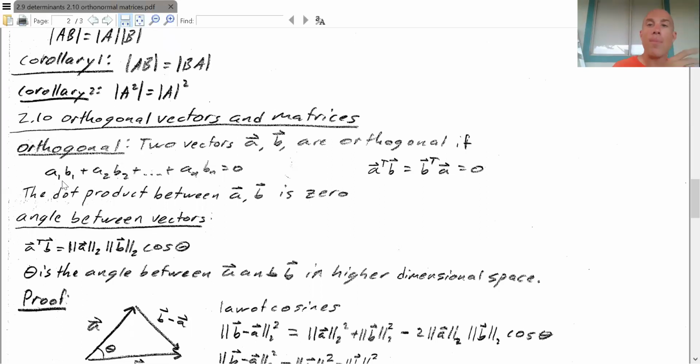Then I add it all up. That is my dot product. Two vectors are orthogonal if and only if this sum equals 0, and this is the same as A transpose times B or B transpose times A equal to 0.